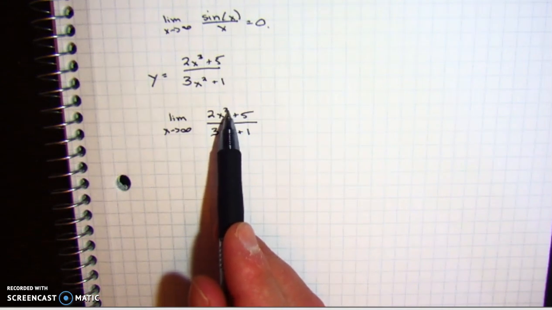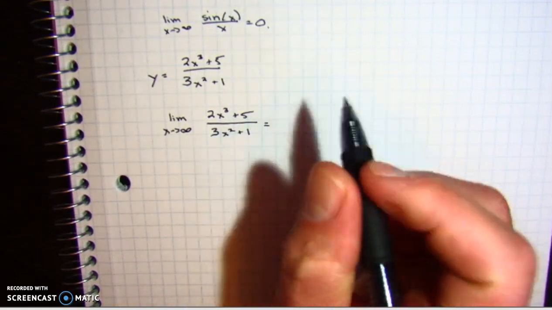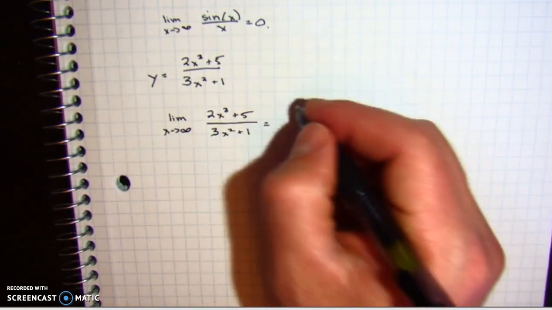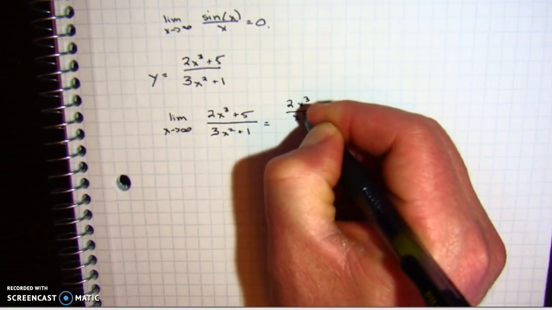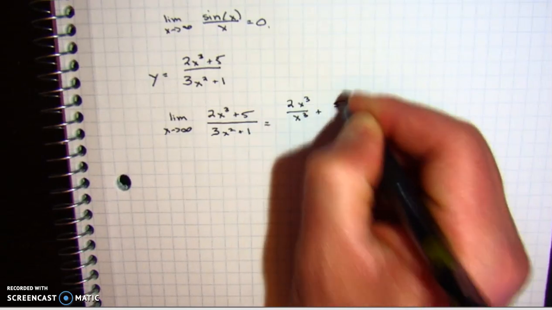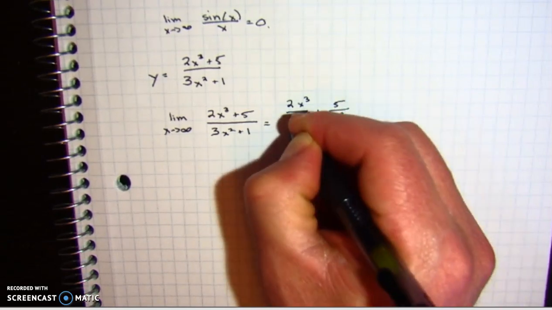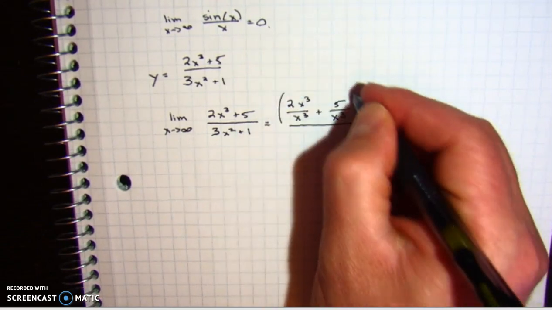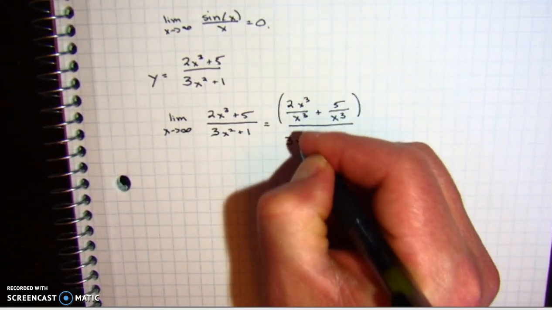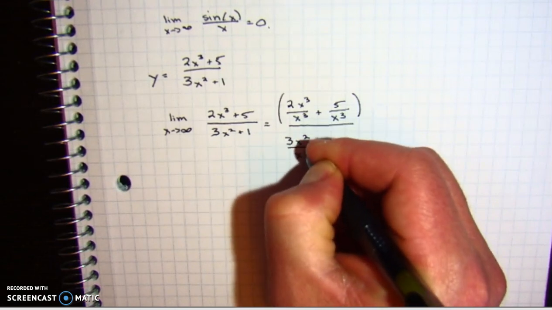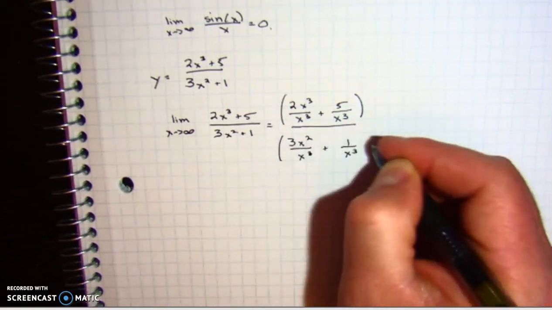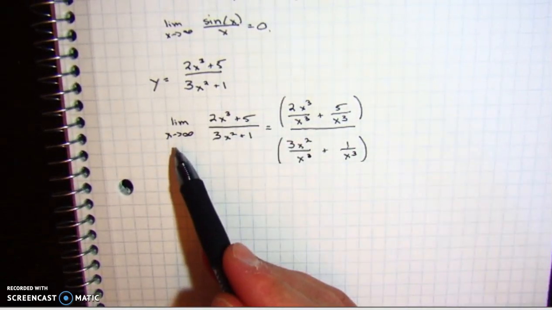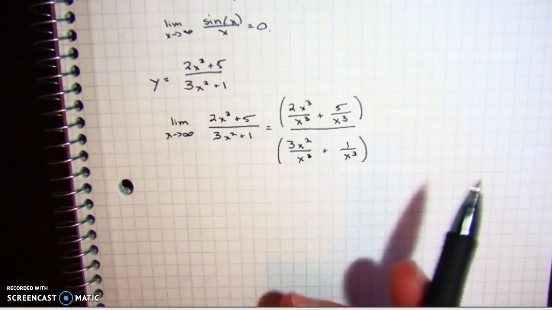So the highest order is 3, and we're going to divide everything by x cubed. So we have 2x cubed over x cubed plus 5 over x cubed, divided by 3x squared over x cubed plus 1 over x cubed. And we're still taking the limit as x approaches infinity.